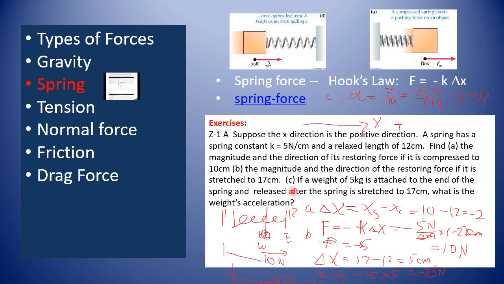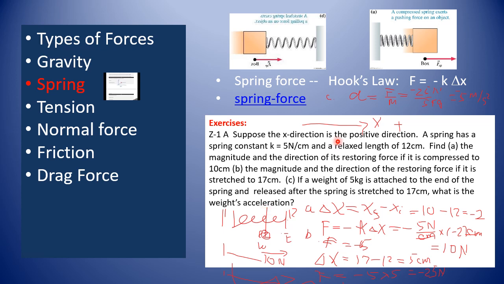The third question is to combine the spring's properties with Newton's second law. If a weight of 5 kilograms is attached to the end of the spring and released at the same position, 17, what is the weight's acceleration? So there's a restoring force on the weight. What will be the acceleration?